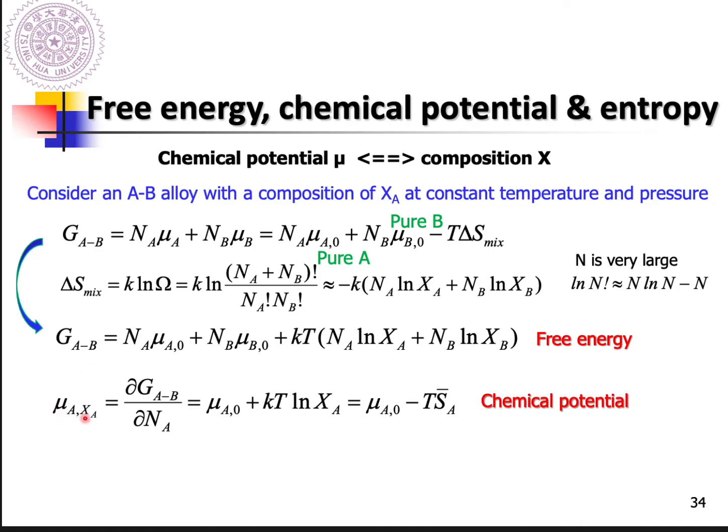mu A at Xa is partial G AB over partial Na, right? This is the definition for the chemical potential of A at Xa. So you add one A atom, and how much the total free energy increases is the definition of mu A at Xa. So you take the partial derivative of this term with respect to Na.